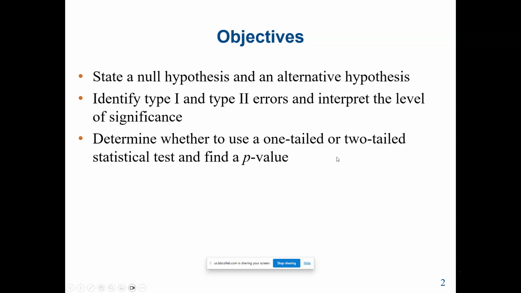Normally, at least, the first step is we state the claim, both the null and alternative hypothesis. Then we are going to find the test statistic. Before that, we can find the critical value. We can only know the critical value if we have at least the alpha value, and it also depends on the type of hypothesis testing we are doing.